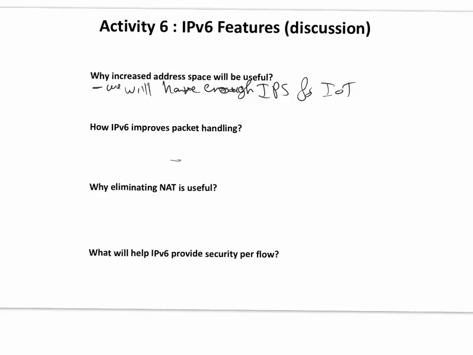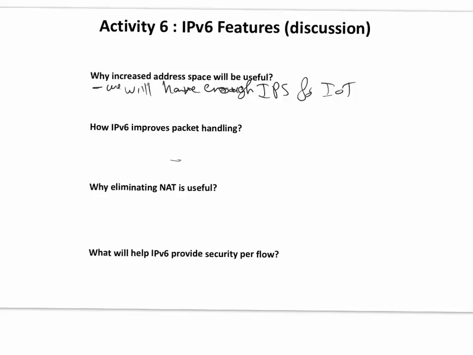How does IP version 6 improve packet handling? That's one of the characteristics that IPv6 came with. So how does it do that? As we will see, the header is more simplified in IP version 6. One example that we talked about before: the checksum has disappeared.